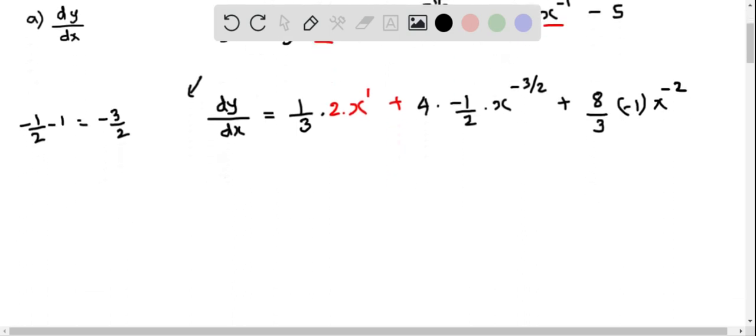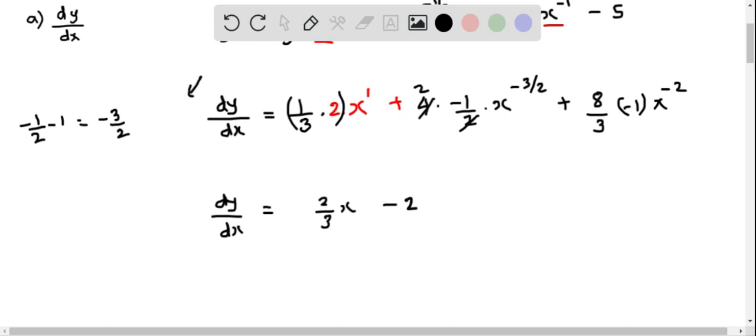Now we can simplify this derivative expression. We can rewrite this as dy by dx equals, so this quantity is basically 2/3 x, and we can cancel this 4 with the 2, as 2 times negative is negative 2.